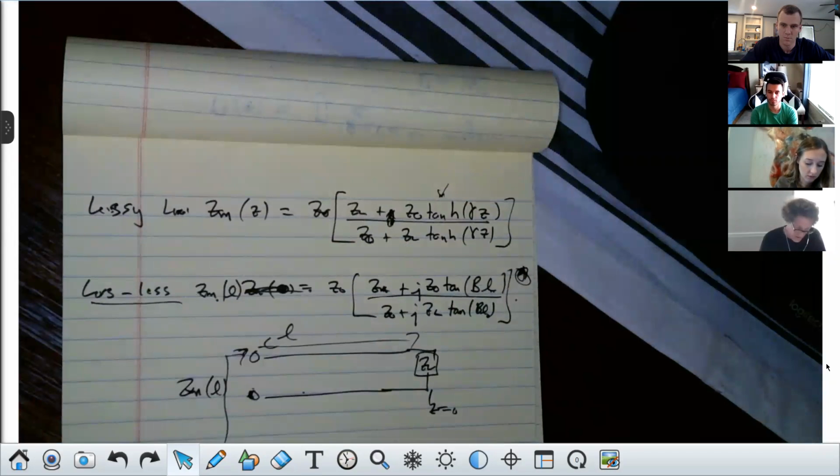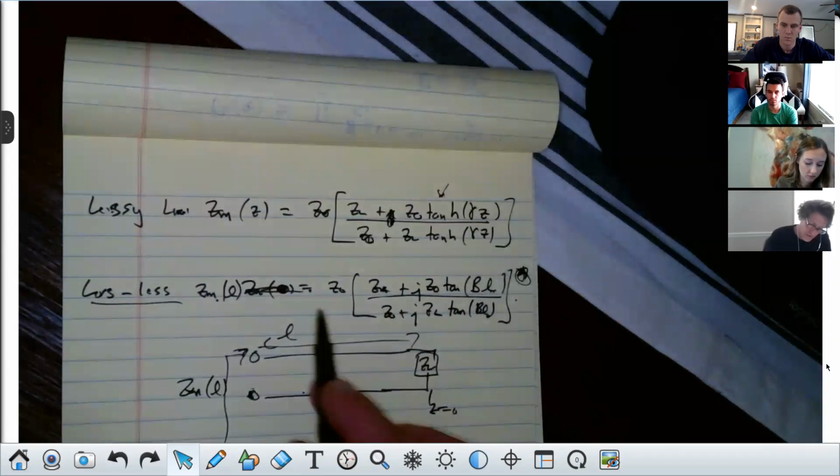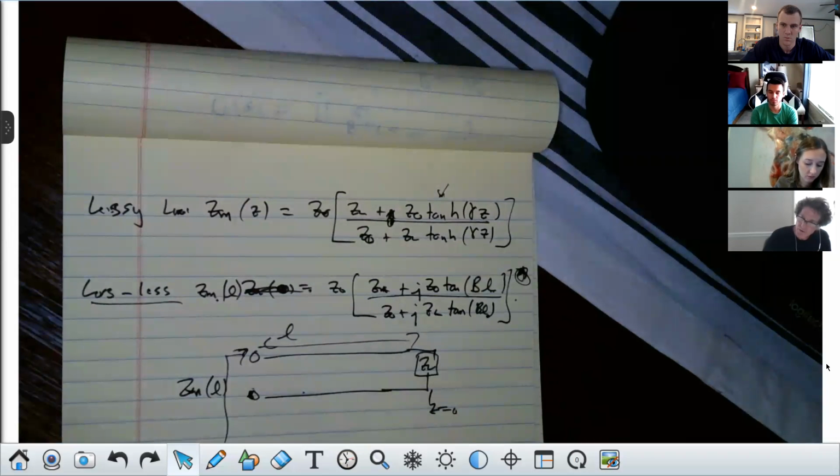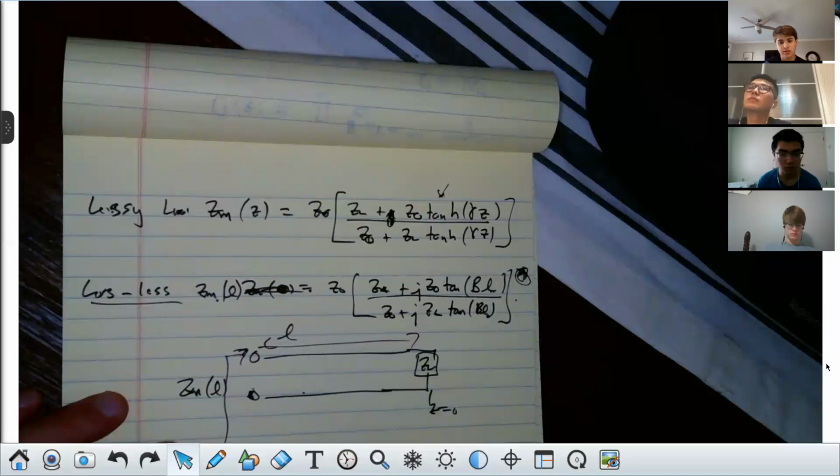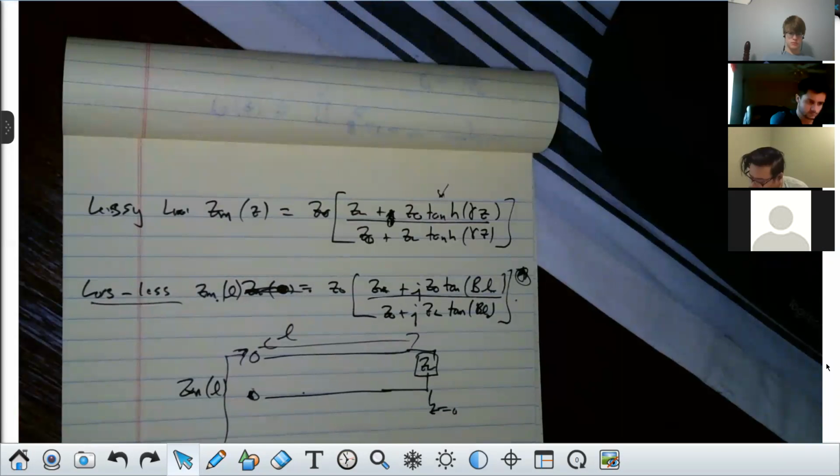If we have lossless or low loss lines and we default to this equation, there's certain things you have to understand. If ZL is equal to 0, if the load is a short circuit, then my input impedance, Zin as a function of L, equals Z naught.